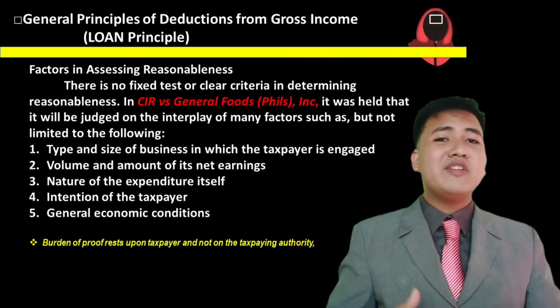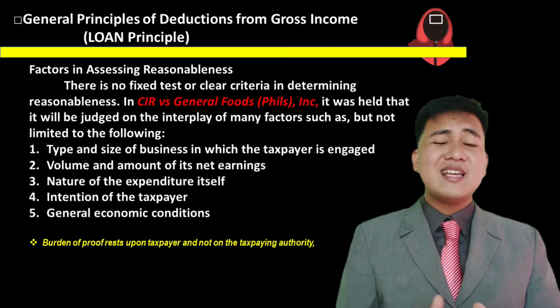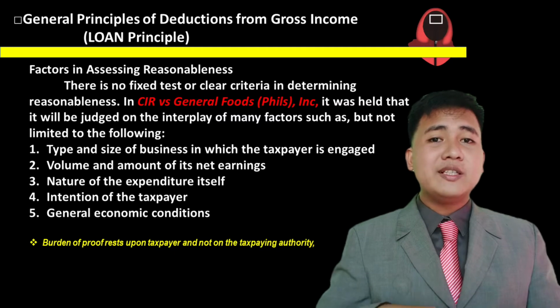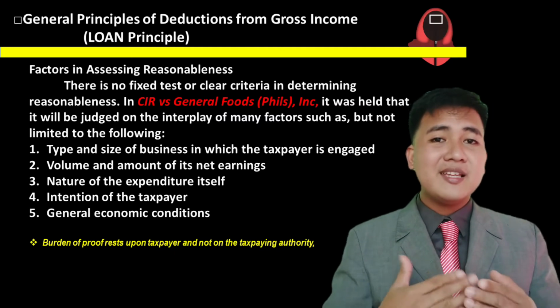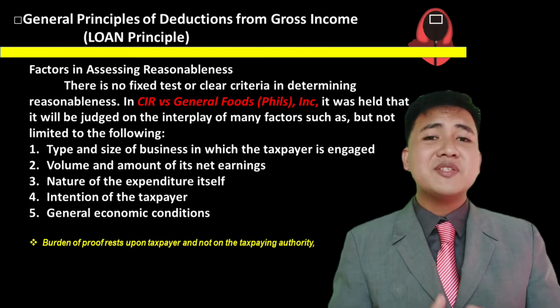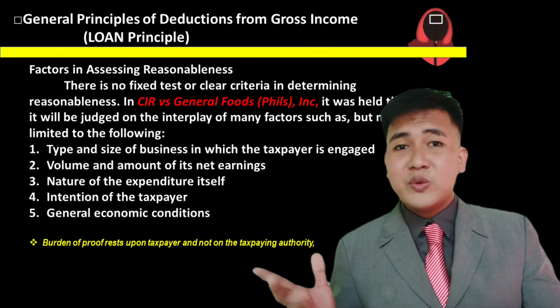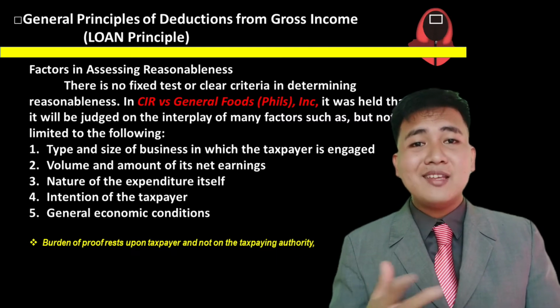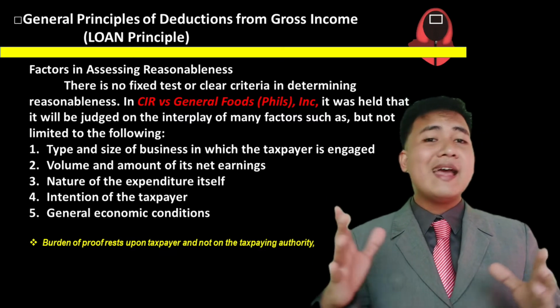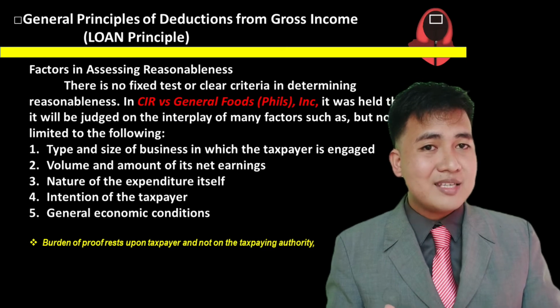Number 3, the nature of the expenditure itself. This was discussed a while back, that an expense should be legitimate, of course. And number 4, the intention of the taxpayer. Why? Because a business is sometimes willing to pay an amount but with bad intentions. It could be for personal interest, or go against public policy, so it's wrong.